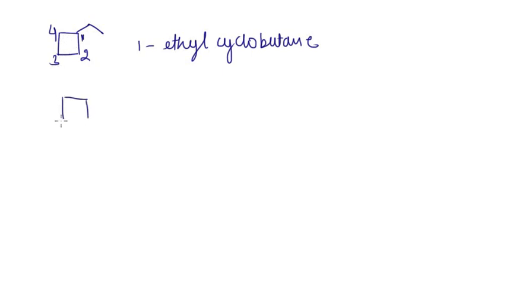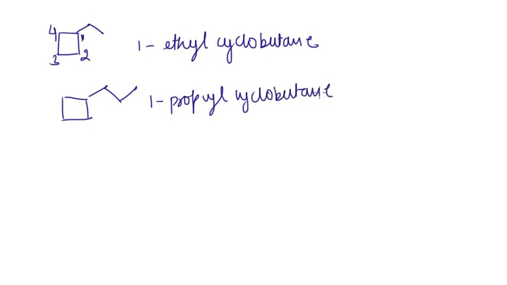So we start naming by getting the least numbers for the substituent, 1, 2, 3, 4. So here it is 1-ethylcyclobutane. And if I increase the side chain, then it is 1-propylcyclobutane.